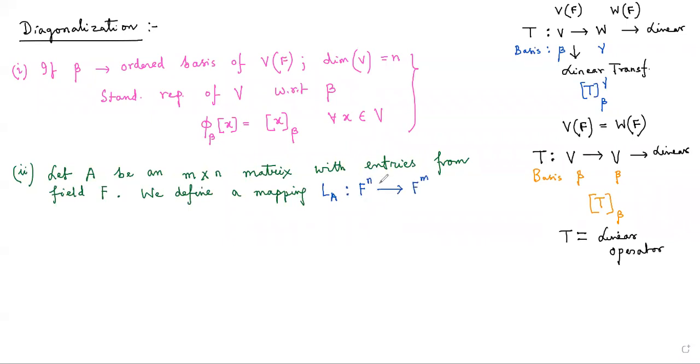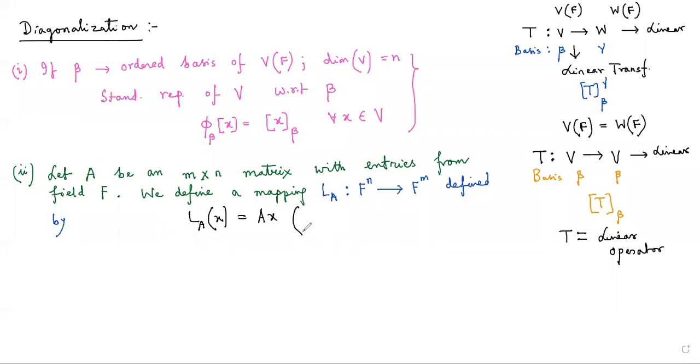You know, the vector space Fn is the set of all n-tuples, and the vector space Fm is the set of all m-tuples, defined by LA of x equal to the product of the matrix A and the vector x.